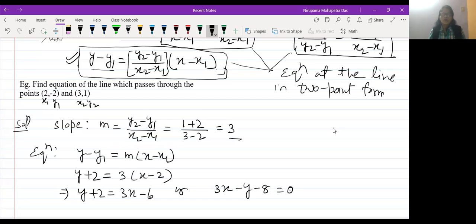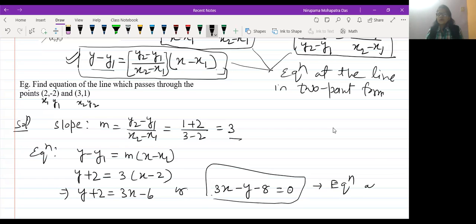This is the equation of the required line.